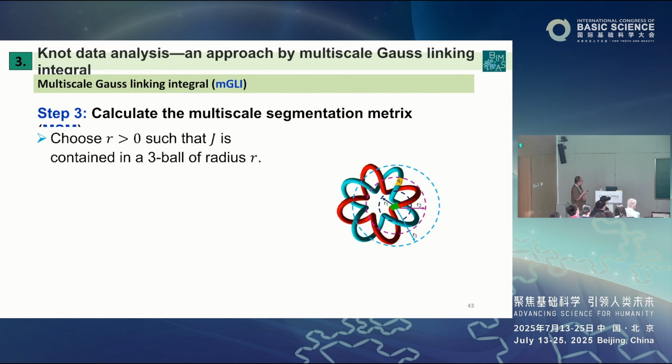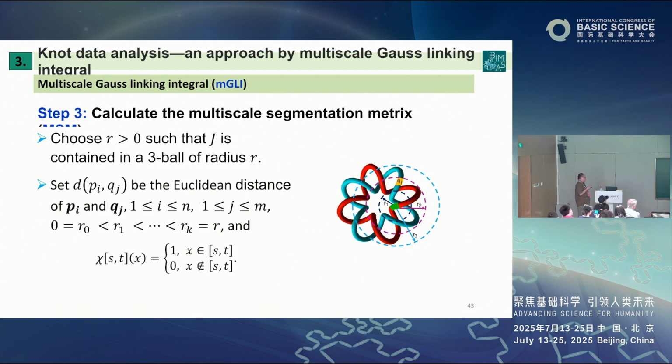Choose a positive R such that the link is contained in the 3-ball of radius R. We set d of p_i and q_j to be the Euclidean distance of p_i and q_j, and we use the distance characteristic function, chi, like this.